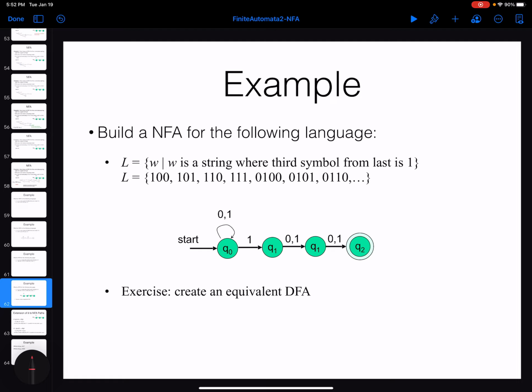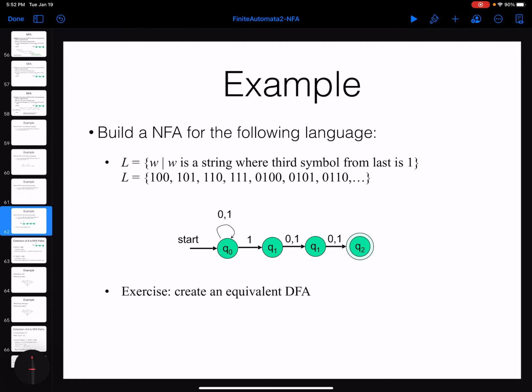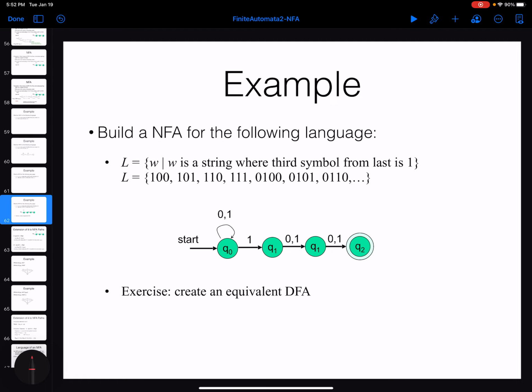Okay, just as an exercise, I would like you to try to think about a DFA. Create a DFA for accepting the same language. When you are writing the DFA for accepting the same language, you will see how many states the DFA needs and how complicated the DFA can be compared to designing an NFA. And you will see why we really care about NFAs.